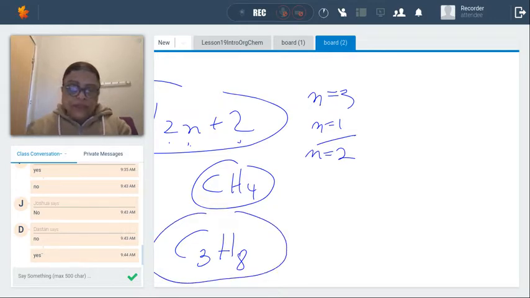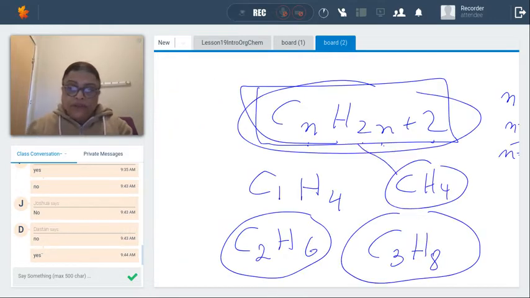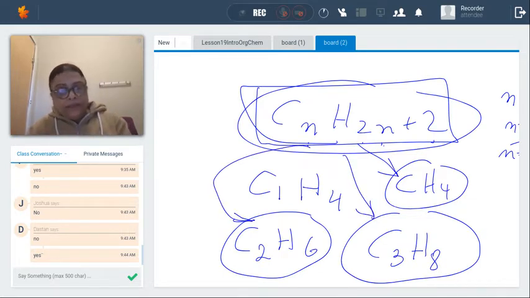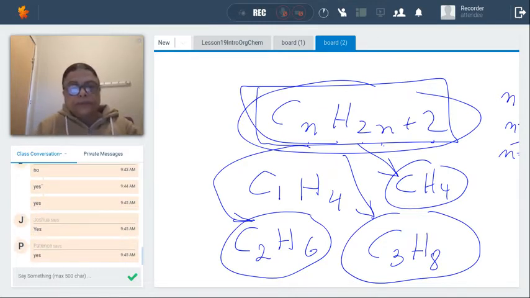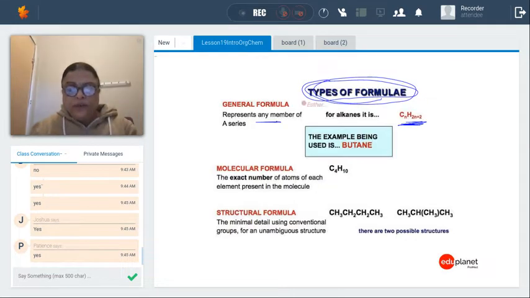So you see, this formula represents all of these because they all have this composition of C and H2n+2. Is that clear? Perfect. Okay, so general formula.